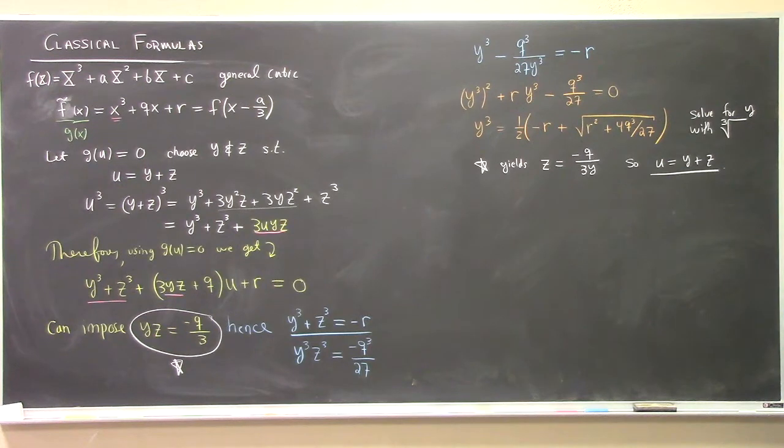And he says, having found one root of g of x, we can find the other two roots as the roots of the quadratic g of x divided by x minus u. He says there's also an explicit formula for the other two roots.